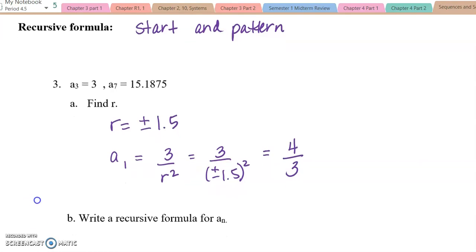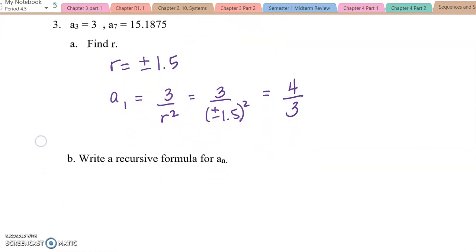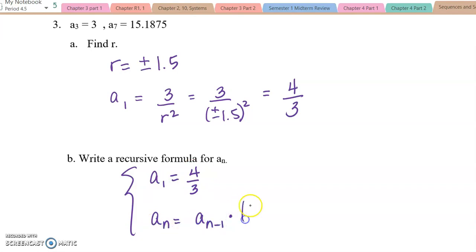So your recursive formula for a sub n has to have the two parts. It has to have a start and a pattern. So our first term is 4/3, and every subsequent term will take its previous term and multiply by plus or minus 1.5. And then I need to say for integers n greater than or equal to 2.